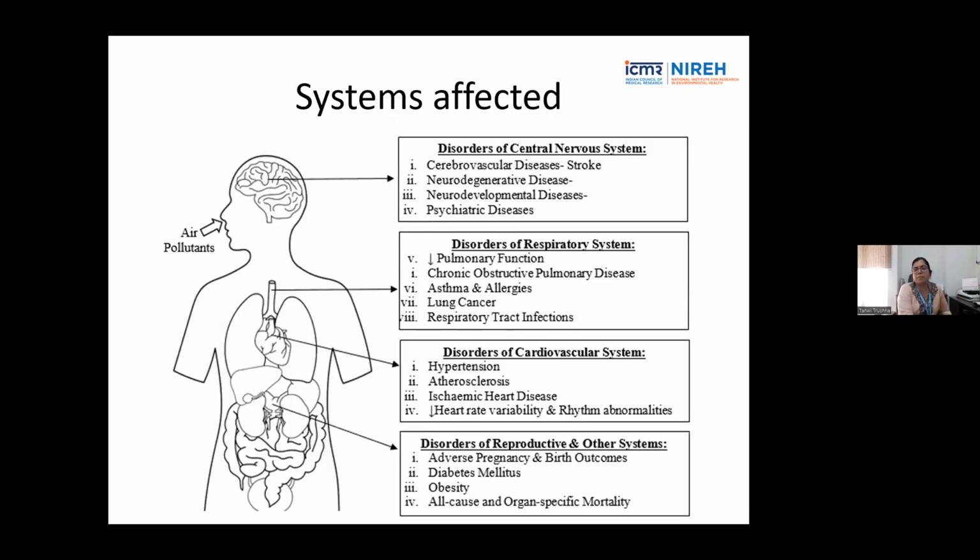Now, even though the portal of entry is mostly the respiratory system, the effects are not limited to it. Effects have been reported in multiple organs of the human body. If you look at this diagram, I doubt there is any organ system that has not been reported to be affected by air pollution.